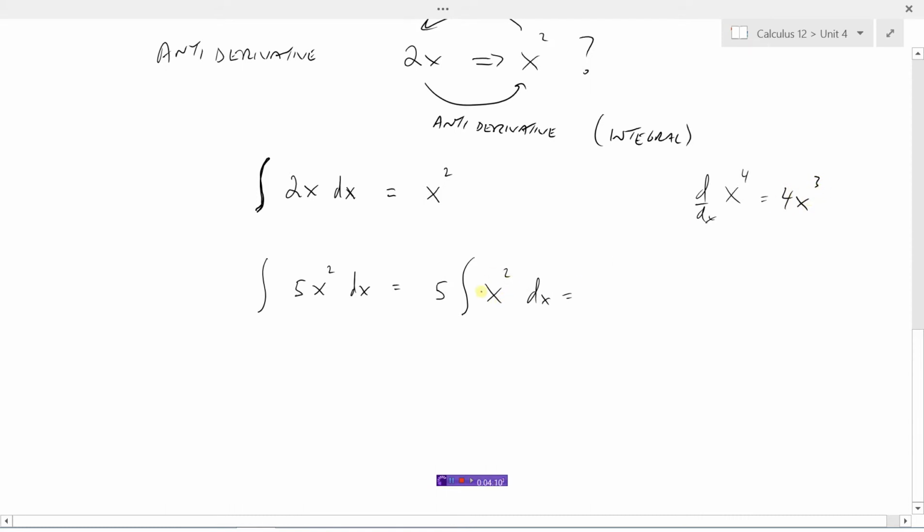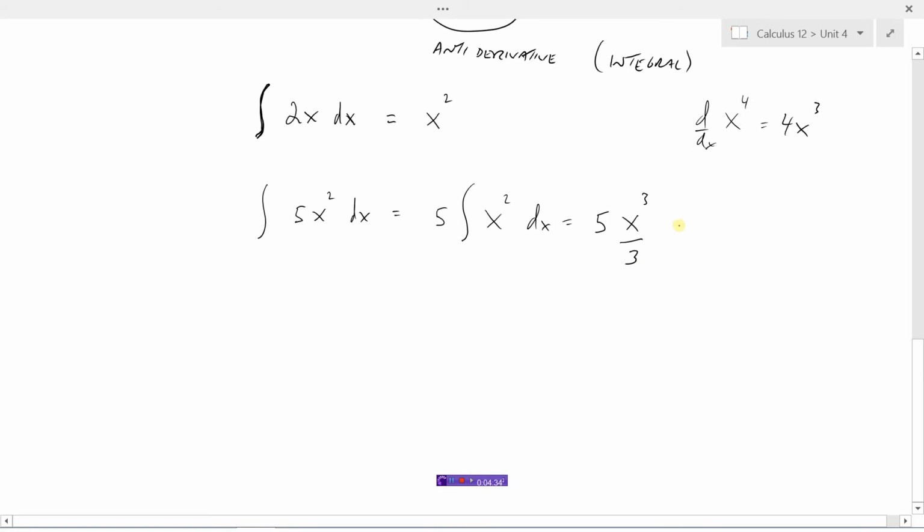Well, when we have x raised to a power, when we're integrating, we add 1 to the exponent, and then we divide by the exponent. And so we would end up with 5/3 x cubed.